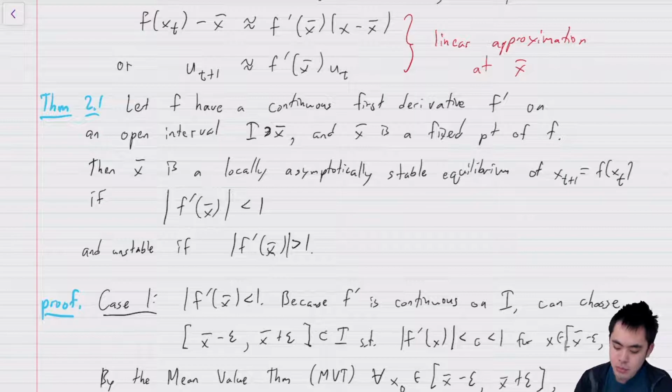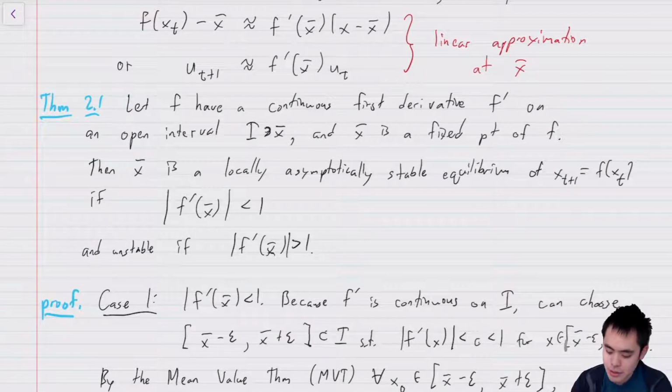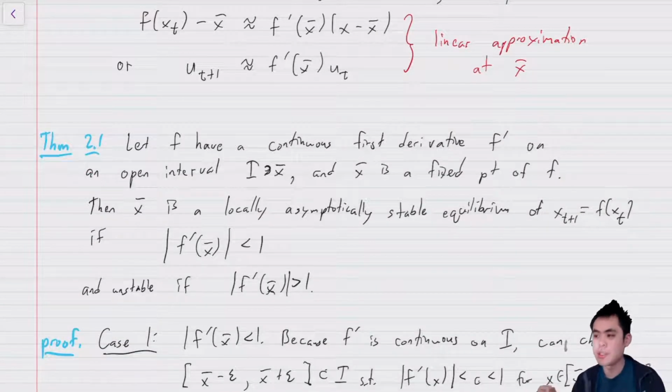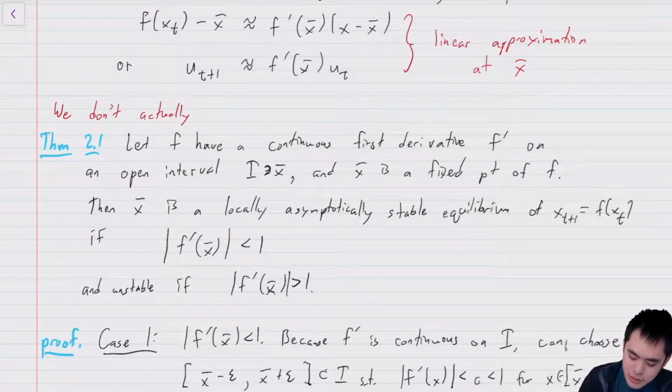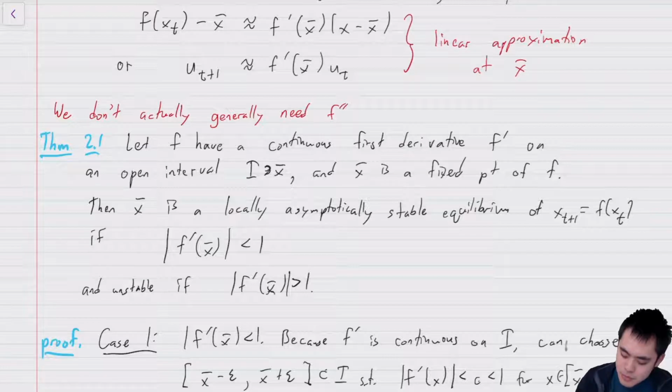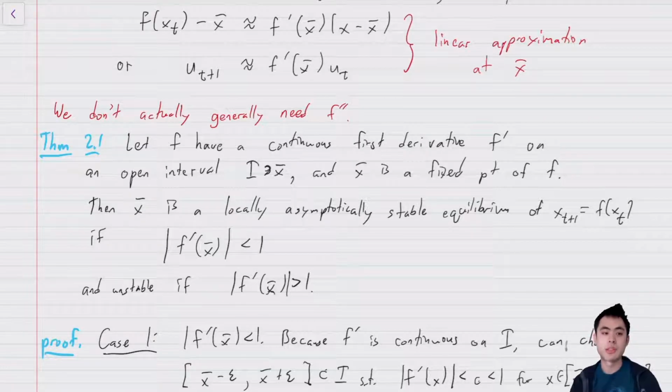So now, moving on, it turns out that we don't actually need the second derivative. That was just needed because we were using Taylor's theorem here with remainder. Sometimes we need it, but we don't generally need f double prime for the purposes of doing this linear approximation.